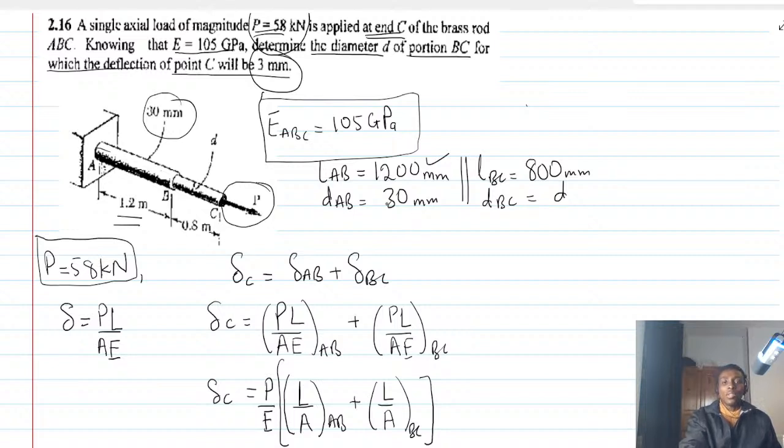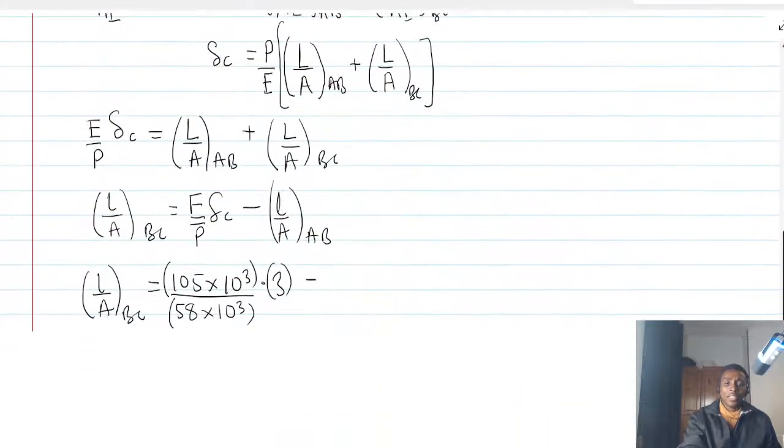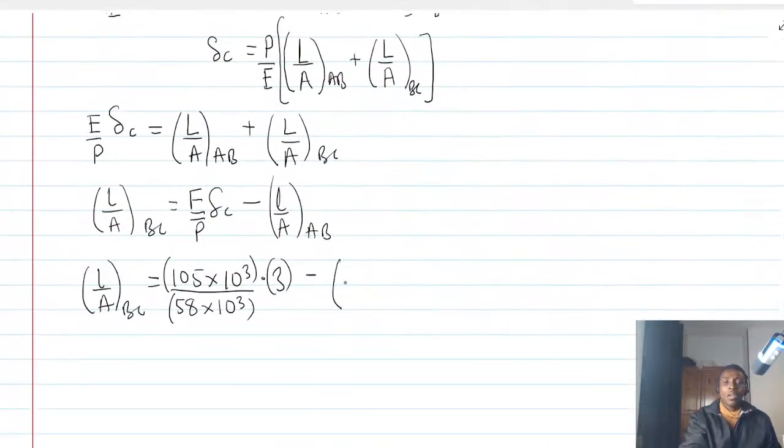So it's going to be 1200 over 30. So 1200 divided by 30.